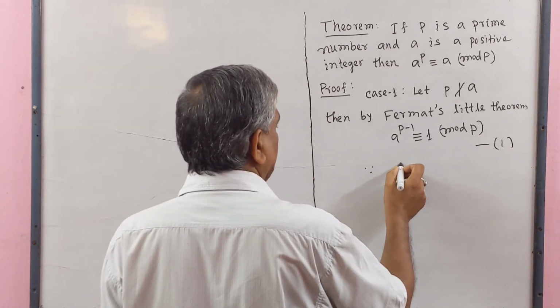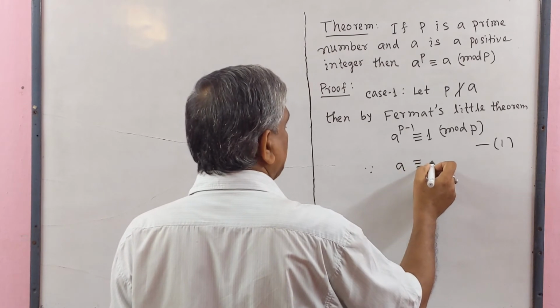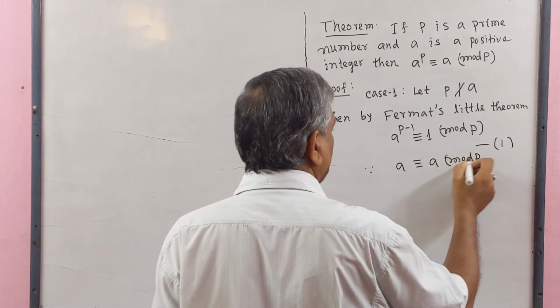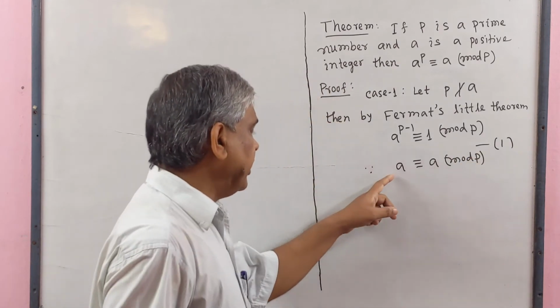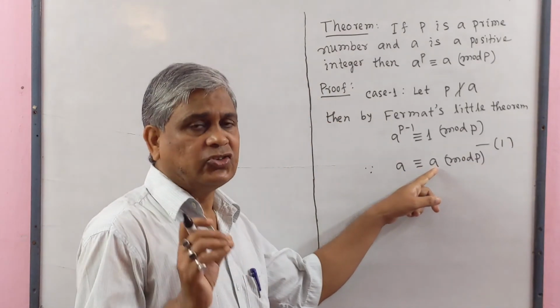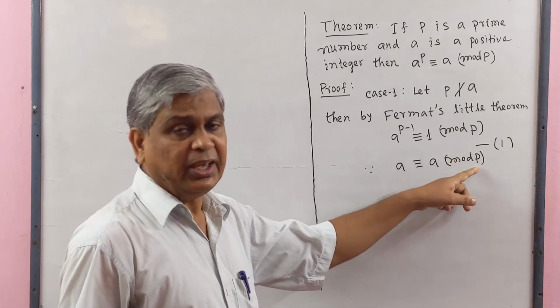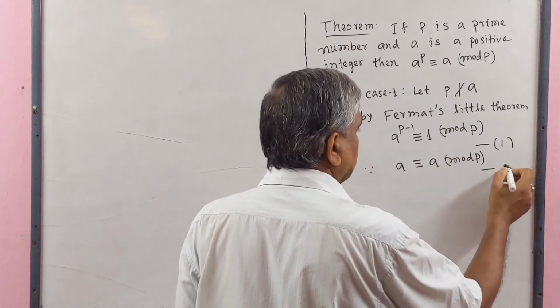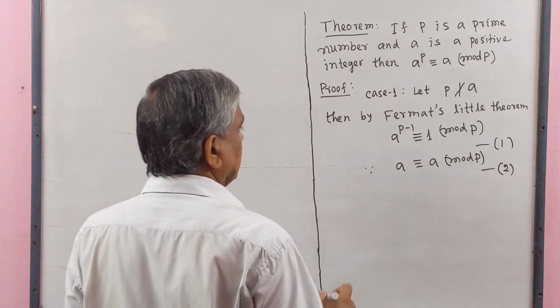Since a is congruent to a modulo p, because a minus a is 0, which is divisible by p. This is number 2.